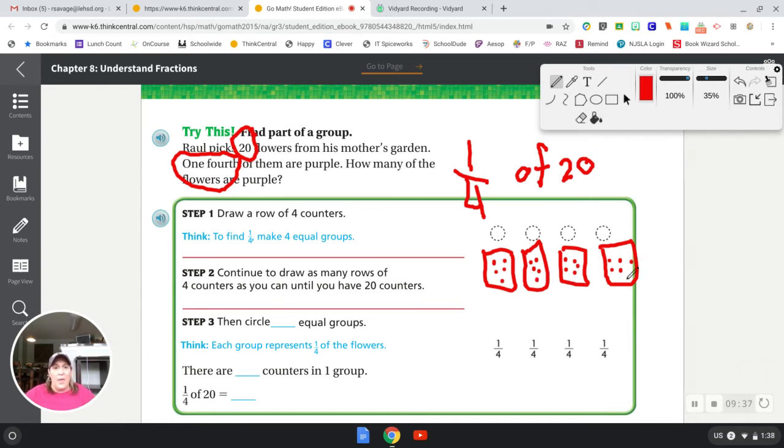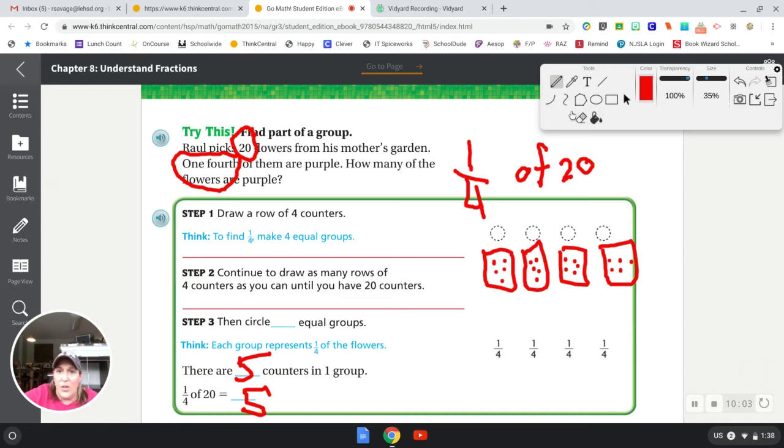I got it. Now, how many are in each group? Well, in one group, I count them 1, 2, 3, 4, 5. There are 5 counters in each group. So 1/4 of 20 is 5.